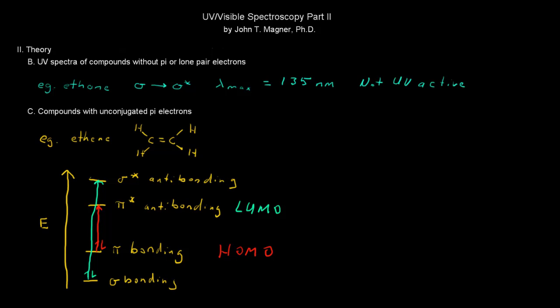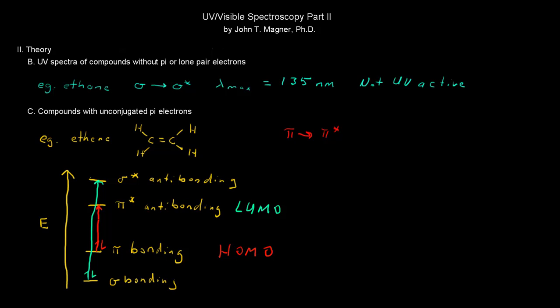And so the transition we'll be looking at here is a pi to pi star antibonding transition. In other words, a photon of light is absorbed, exciting an electron from the highest occupied molecular orbital, the pi bonding orbital, to the lowest unoccupied molecular orbital, the pi star antibonding orbital.